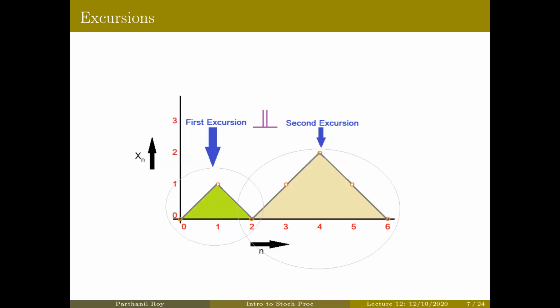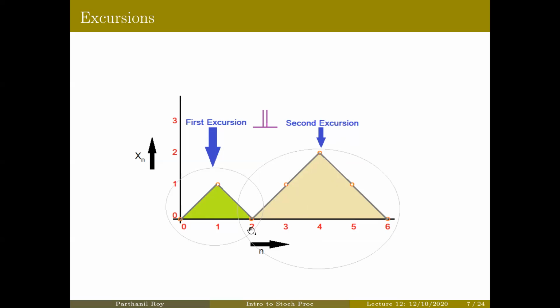In some sense, you should think of it as a manifestation of the Markov property. Think of the second excursion, the Markov chain from here all the way to here. This part is the future, this is the present, and this is the past. We know that the future, given the past and present, should not depend on the past. So these positions should not depend on the positions here.